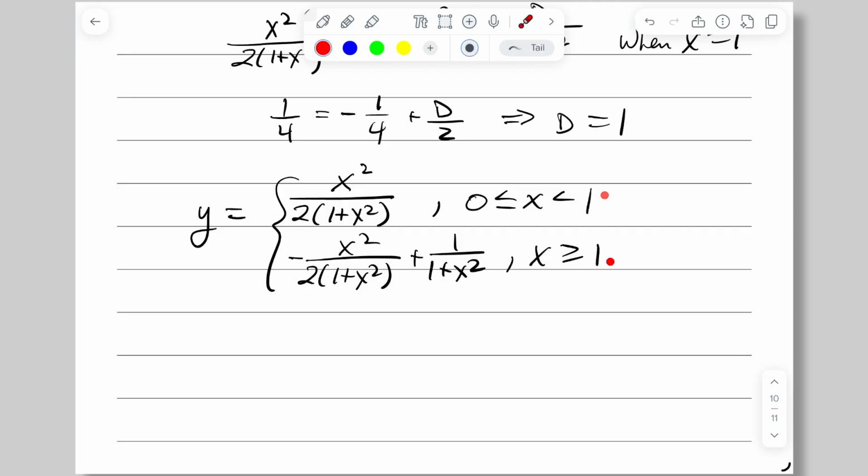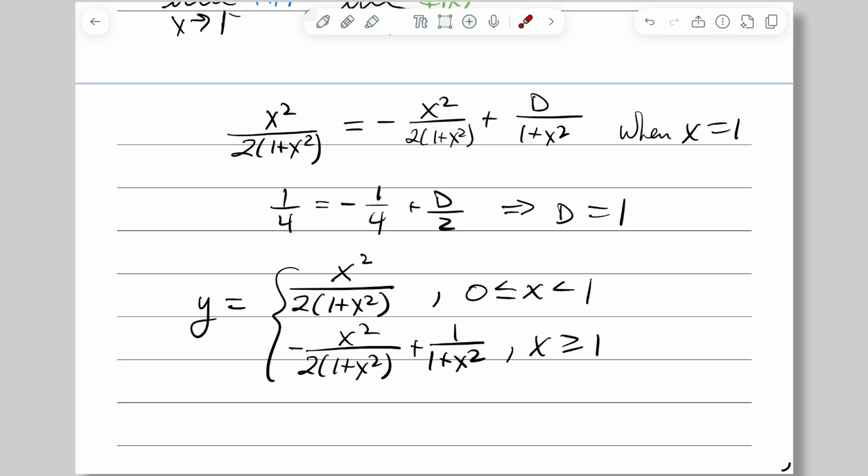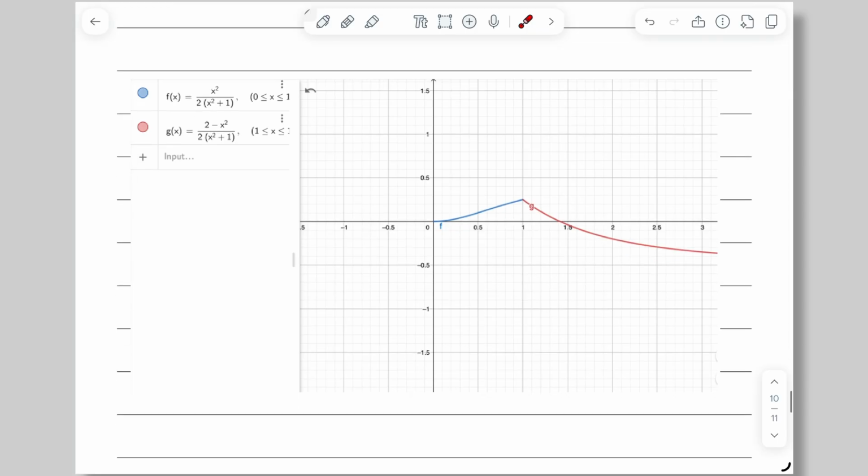We include the intervals because we have a piecewise defined solution. In the instructions, we were asked to graph the continuous function, and you can see we have 2 definitions for our function, one on the interval from 0 to 1, one for x greater than 1, and we can see that this is indeed a continuous function.